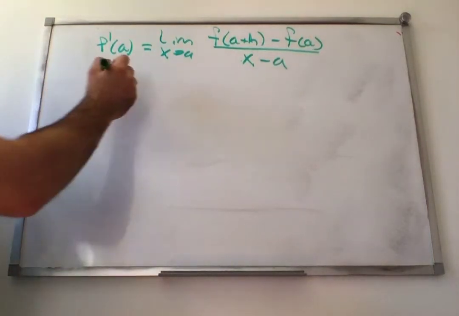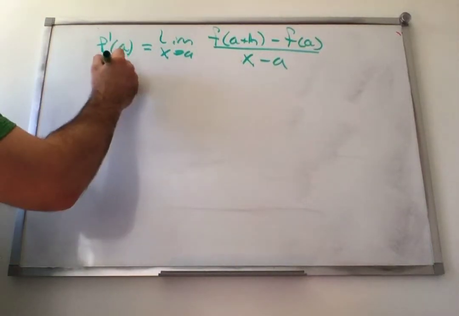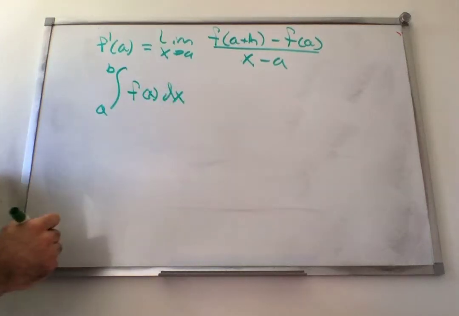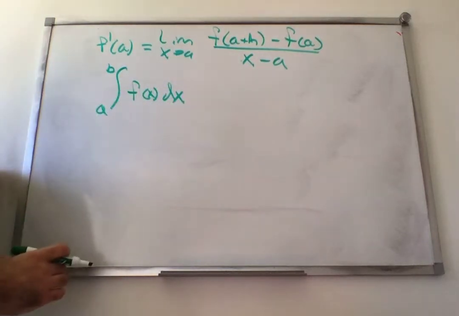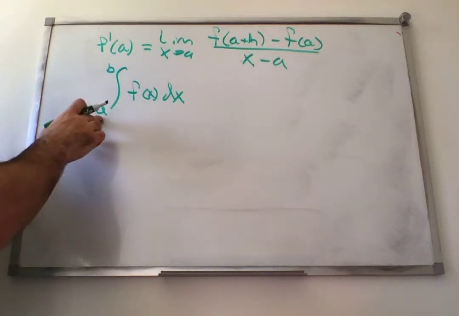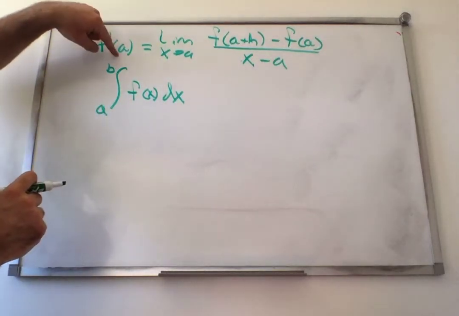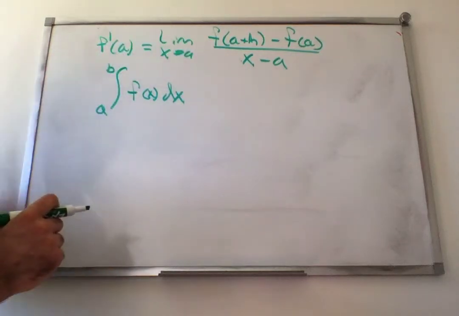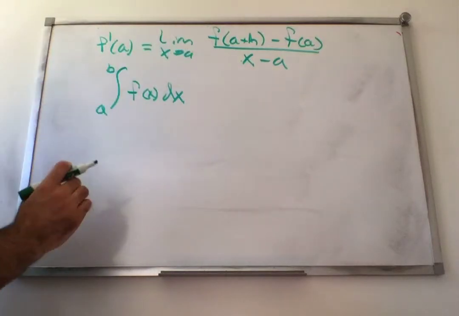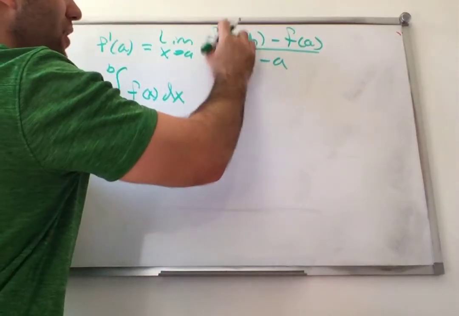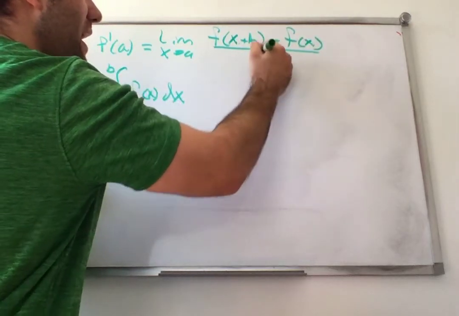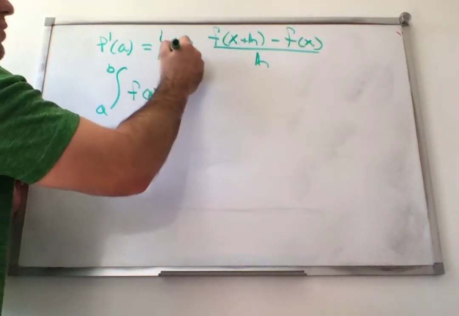So when we find the integral from a to b of f of x dx, this is just going to give me a value, just a number, the area from a to b. Just like this, when I plugged in a, it just gave me a value: what is the derivative at this value a? And then what we did in 2.8 is we extended this idea to make it a function, where that was x, and h went to 0.